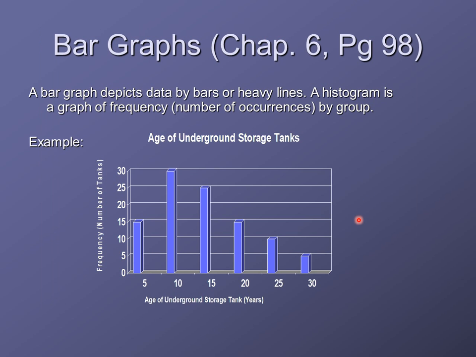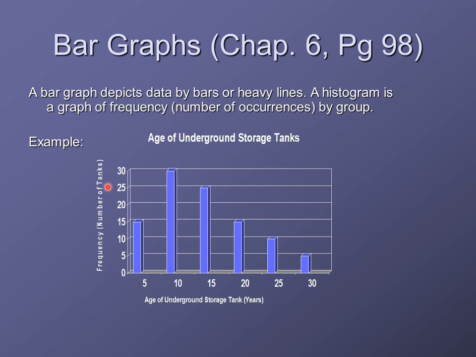Another graph. This is called a bar graph. So pretty much all the data are given as a bar. Here, these are different ages of the storage tanks, and these are frequencies of the tanks, meaning the number of tanks. Let's say you do a survey of all the storage tanks in one area, because some are less than 5 years old, some are like 20 years old, right?